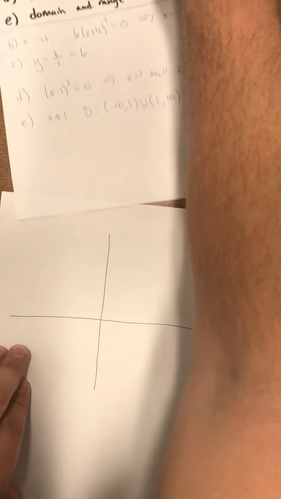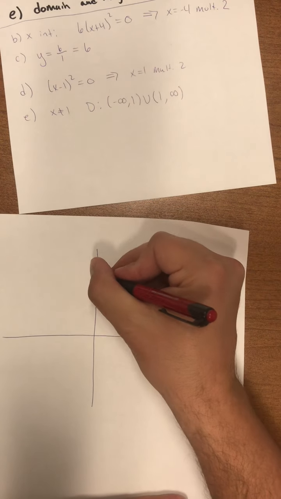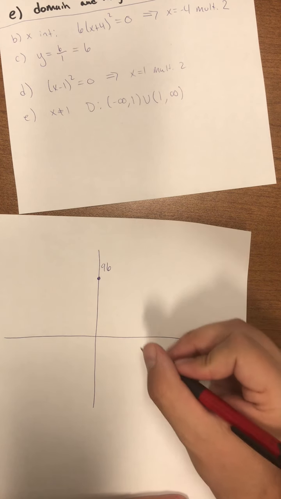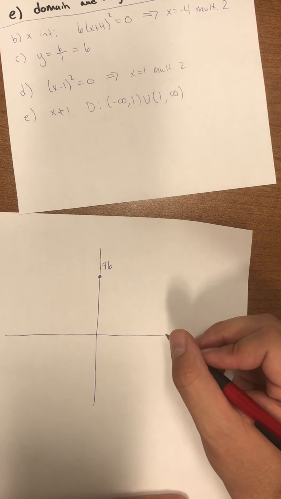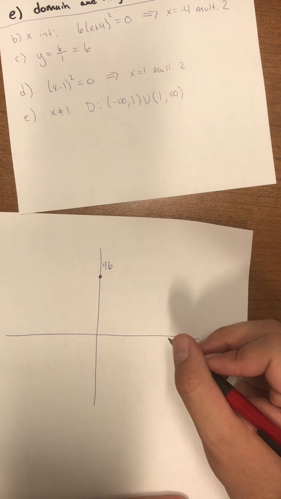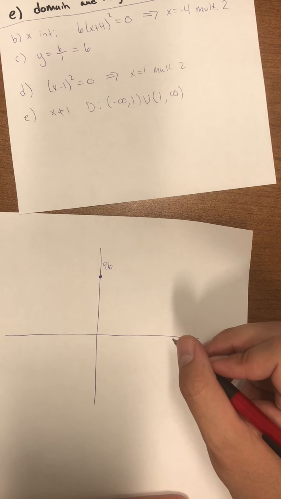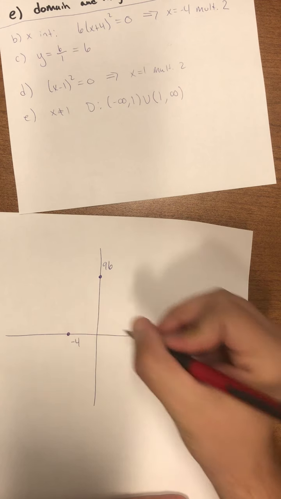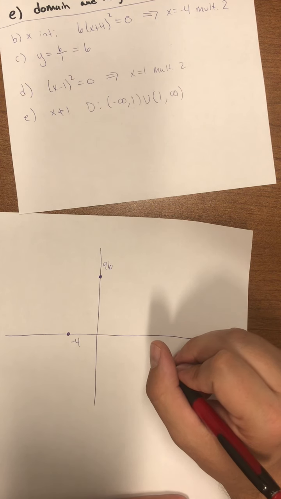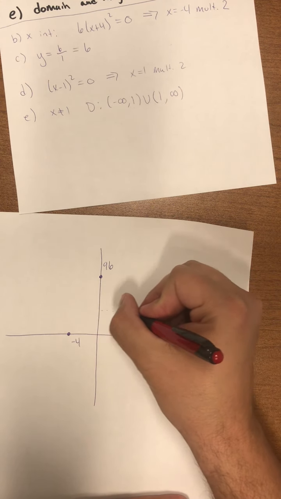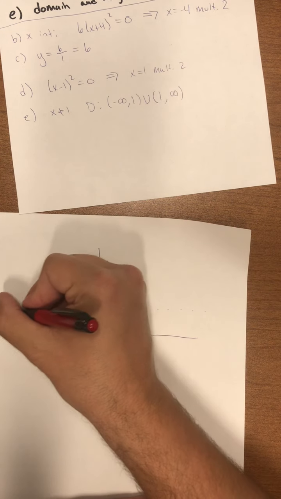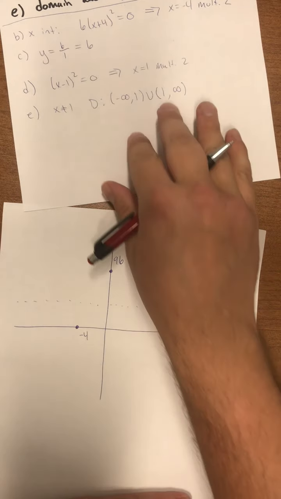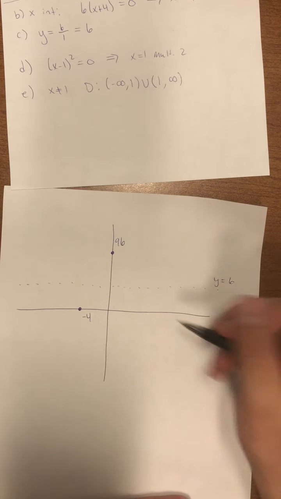The y-intercept was at 96. We have an x-intercept. This is not going to be drawn to scale. X-intercept at -4. And we have an HA at y equals 6. So I'll just put that on the graph. And we have a VA at x equals 1.